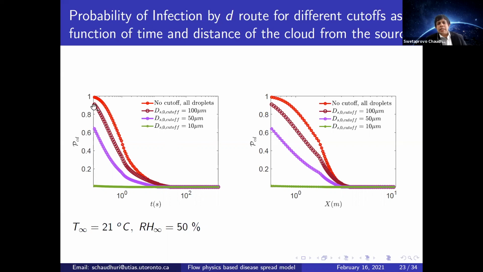So we find that if we cut off at 100 micron, nothing changes much. But if we cut off the droplets beyond 10 micron, then the probability reduces very sharply. So from this, we can conclude that the droplets with the initial size between 10 to 50 micron contribute most to the probability of getting infected. Okay, we can see that the probability with the cutoff at 50 micron is also very large.